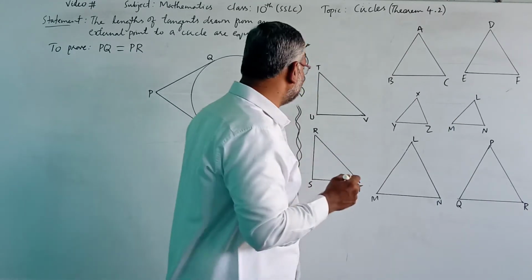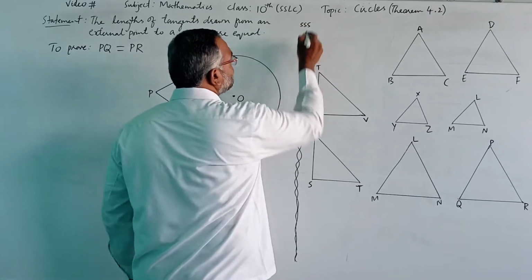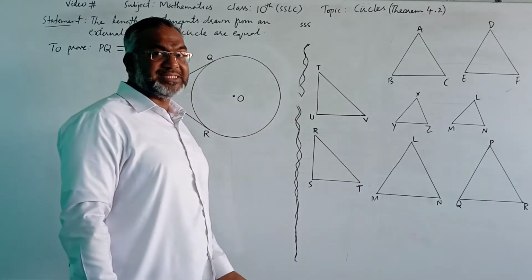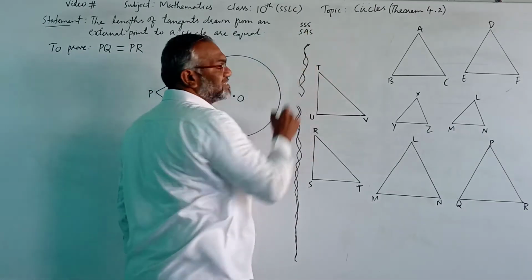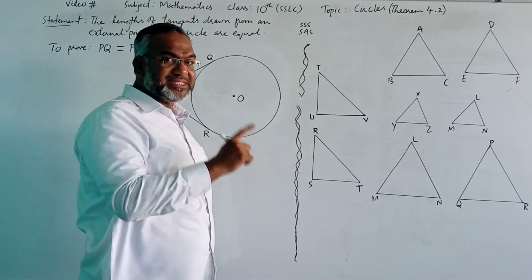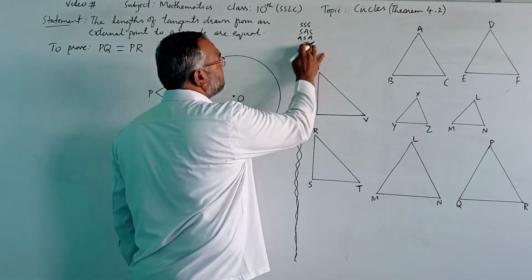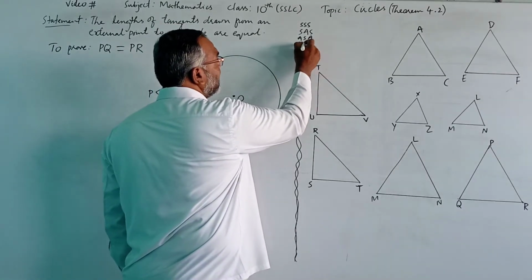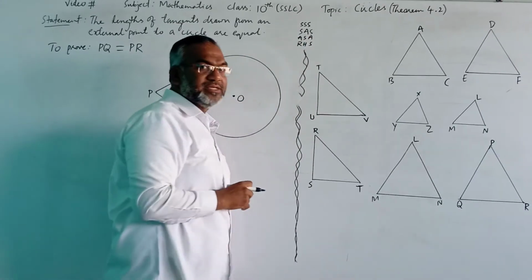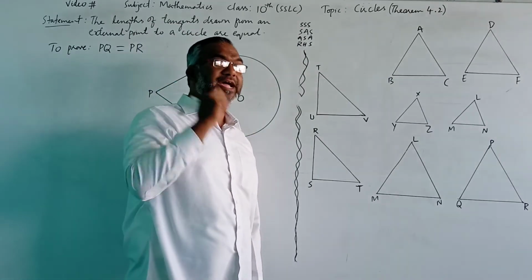Those four postulates are the SSS postulate, SAS postulate, ASA postulate, and one more, that is RHS. Four postulates are there to prove congruency of two triangles.